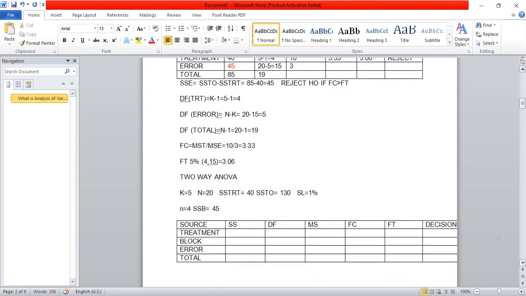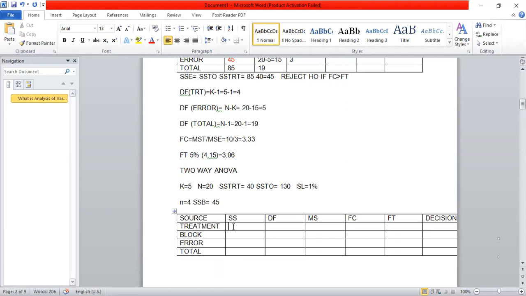What do we put under sum of square treatment? What is our sum of square treatment? 40. Sum of square block? 45. And sum of square total? 130. So how do we find the sum of square error?